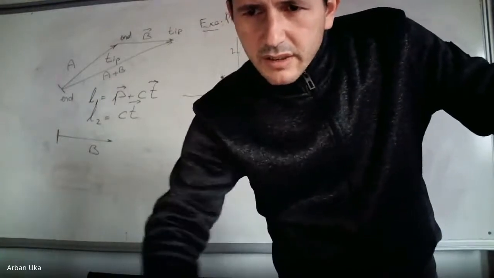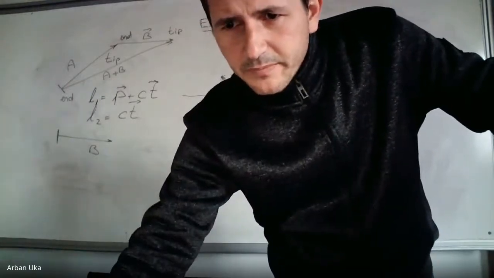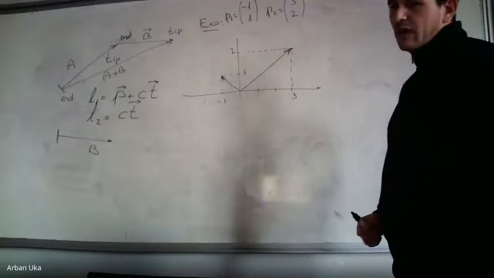I can ask Indriti. Indriti? We can try to change the value of the first vector so it is the same as the second vector. So -1, 1 times x is equal to 2, 3.